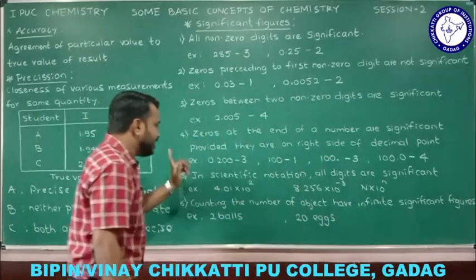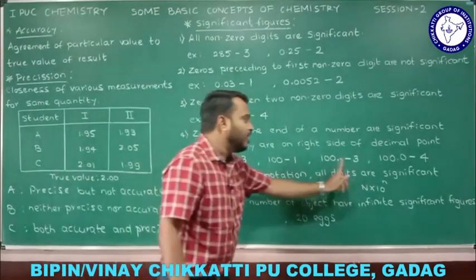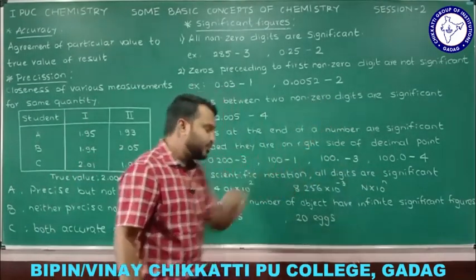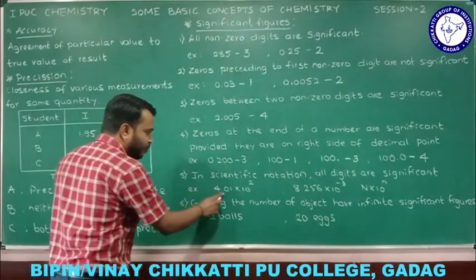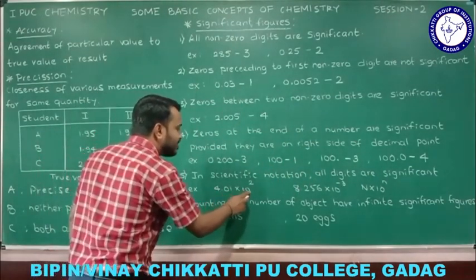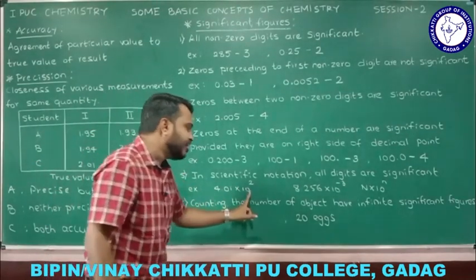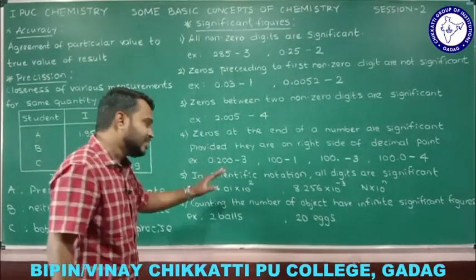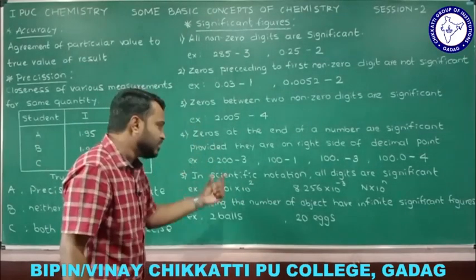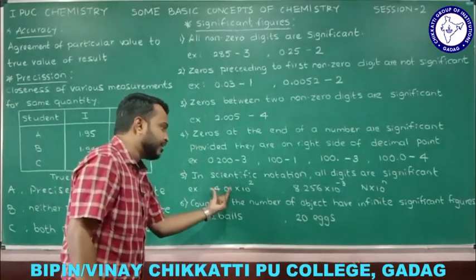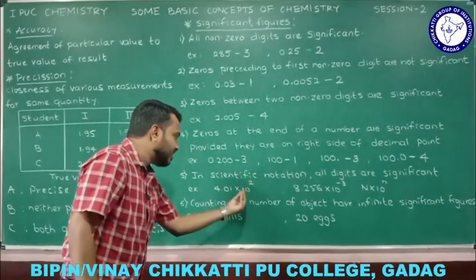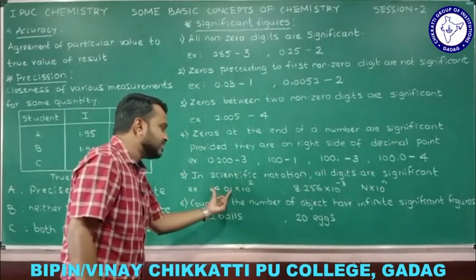Now here see, in scientific notation all digits are significant. So if you observe this, 4.01 into 10 raised to 2, this is of the form N into 10 raised to n, and one can say this is scientific notation. And what the rule says is, you skip the exponential form, and all the digits are significant.